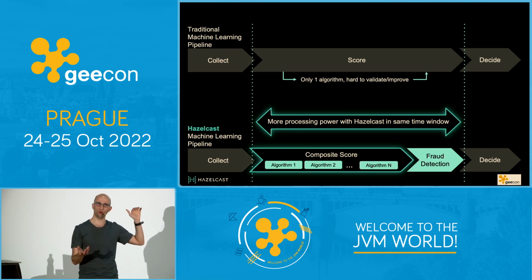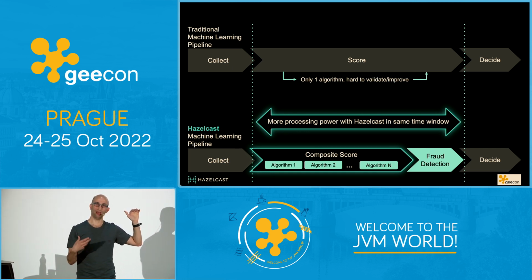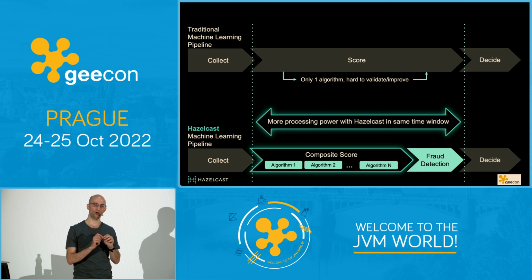So for example, if you want to write a solution, usually you want to write multiple solutions, right? Because after all, whatever you collect and do for your algorithm just gives you one score. What is needed for fraud detection is to combine multiple scores in real time, because these change over time.